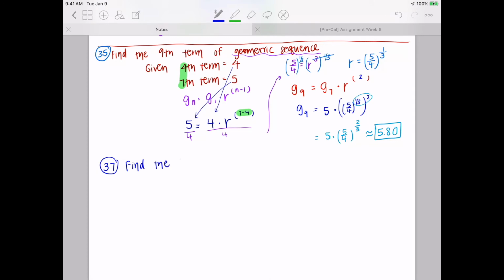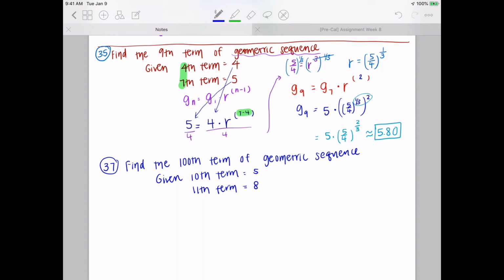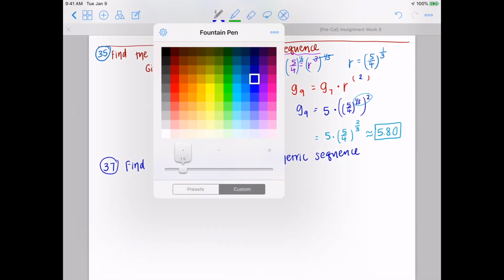Number 37 is: find the 100th term of a geometric sequence given the 10th term and the 11th term. They tell you that the 10th term is 5 and the 11th term is 8. If you think you've got the hang of it, go ahead and do this on your own and check back the answers with me.